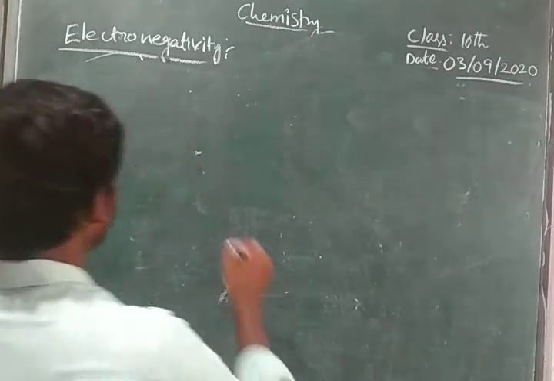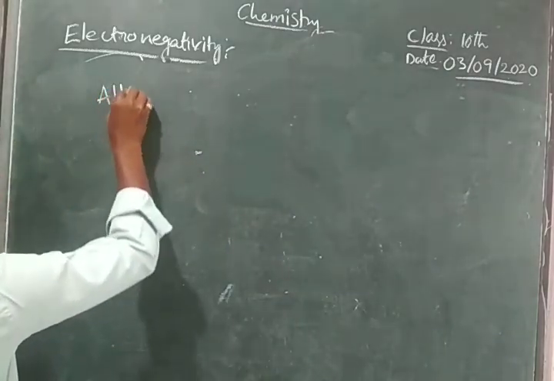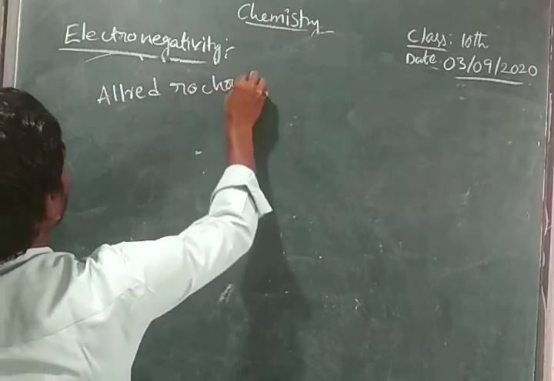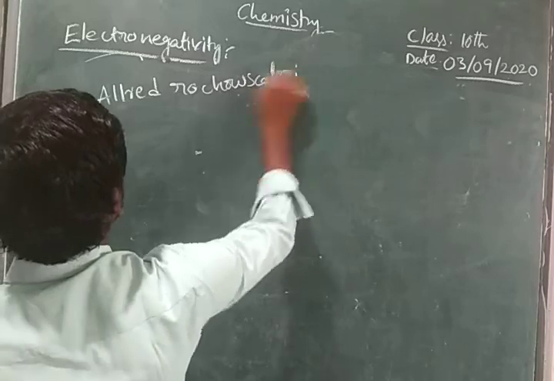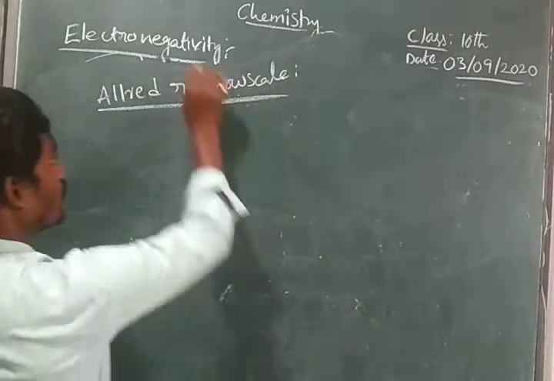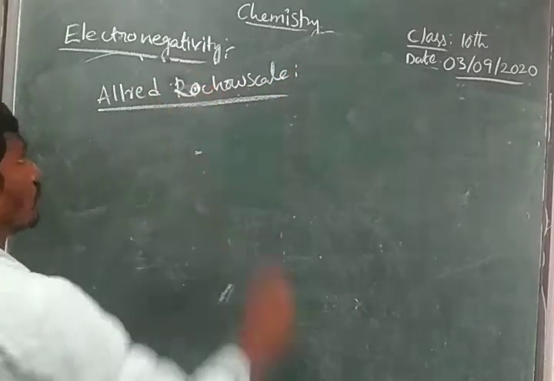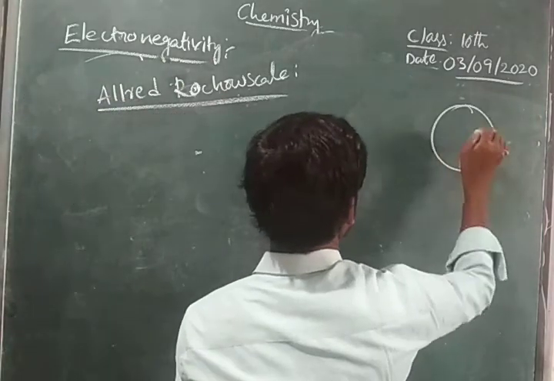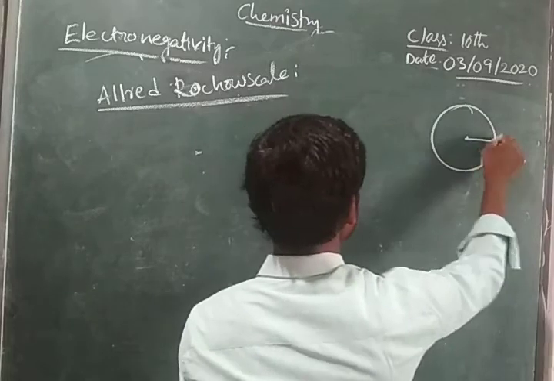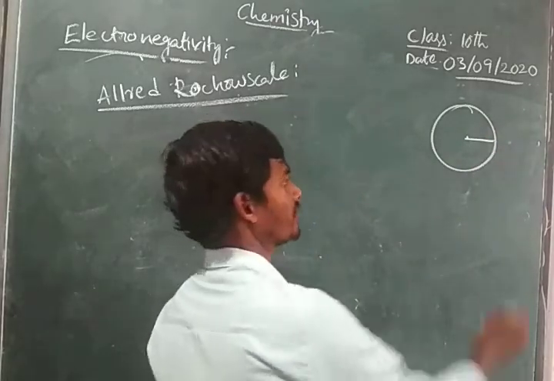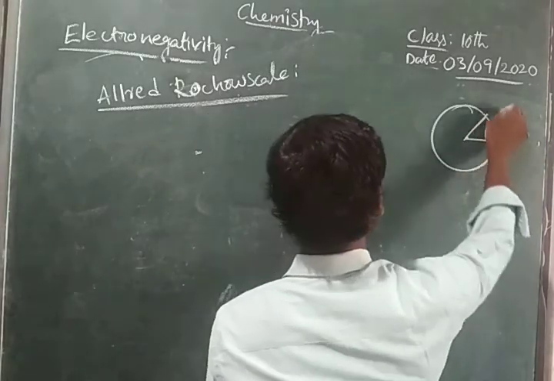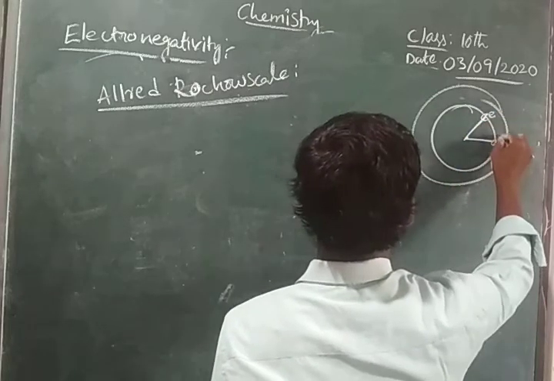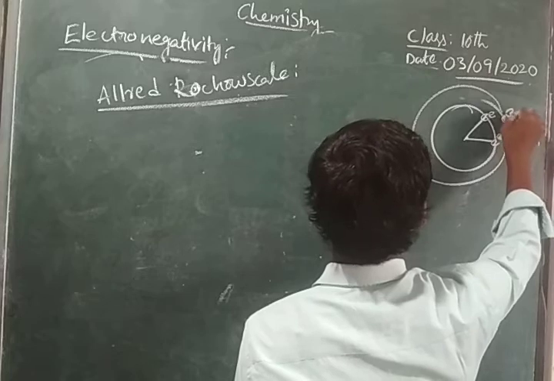The last scale is the Avogadro scale. Suppose this is the nucleus and the radius of the atom. When electrons revolve around the nucleus, some electrons act as a screening effect.